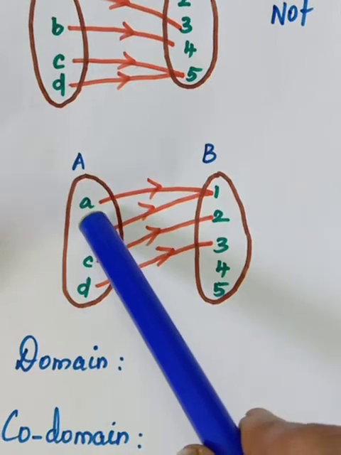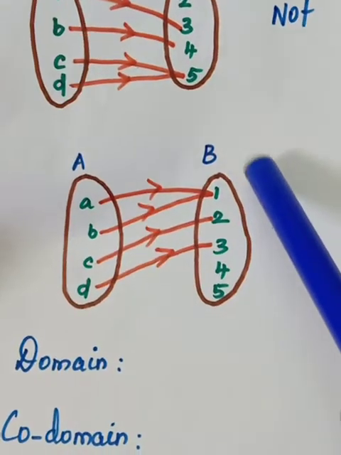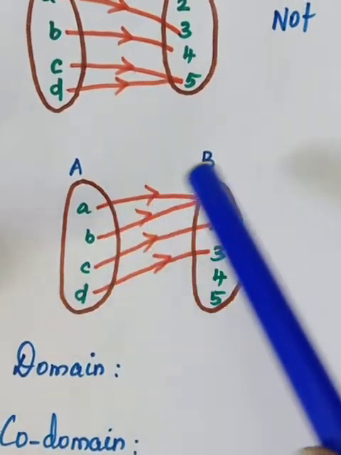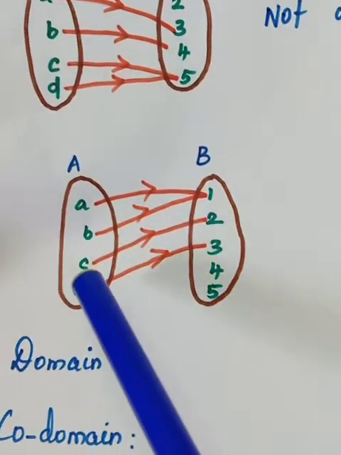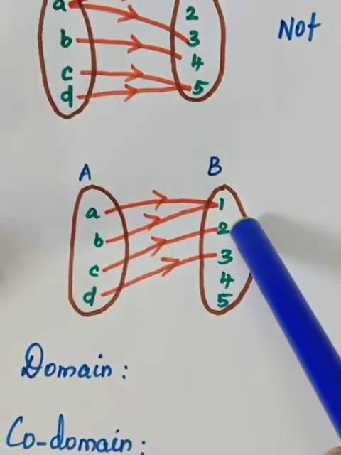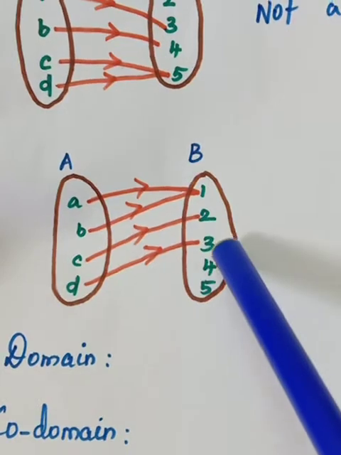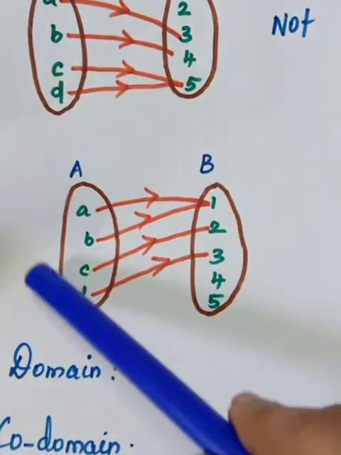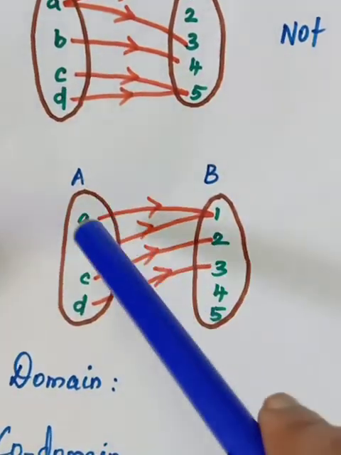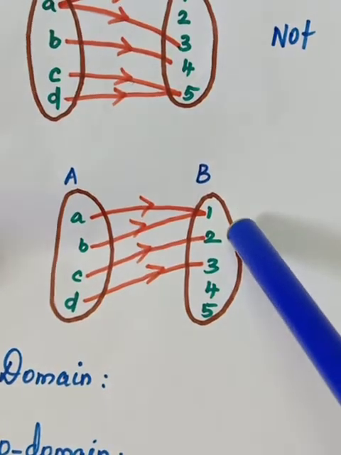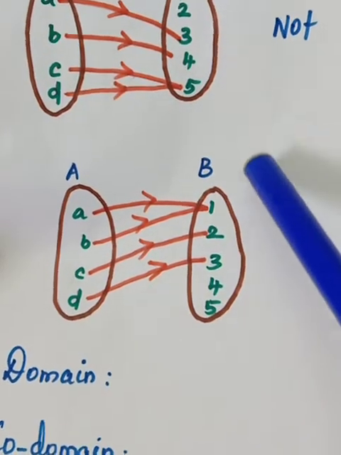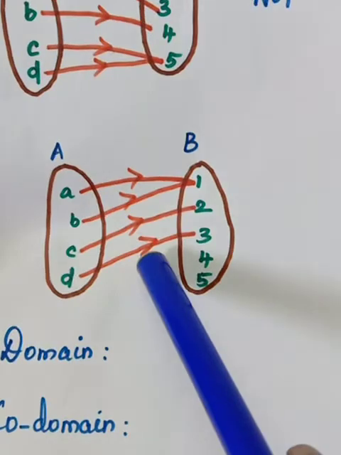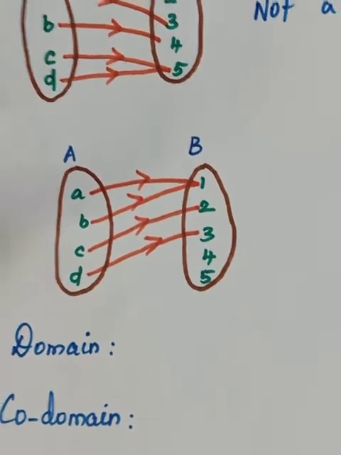A is mapped to 1, B is mapped to 1, C is mapped to 2, and D is mapped to 3. Every element in the domain is mapped to a unique element in the codomain, so this relation is called a function.